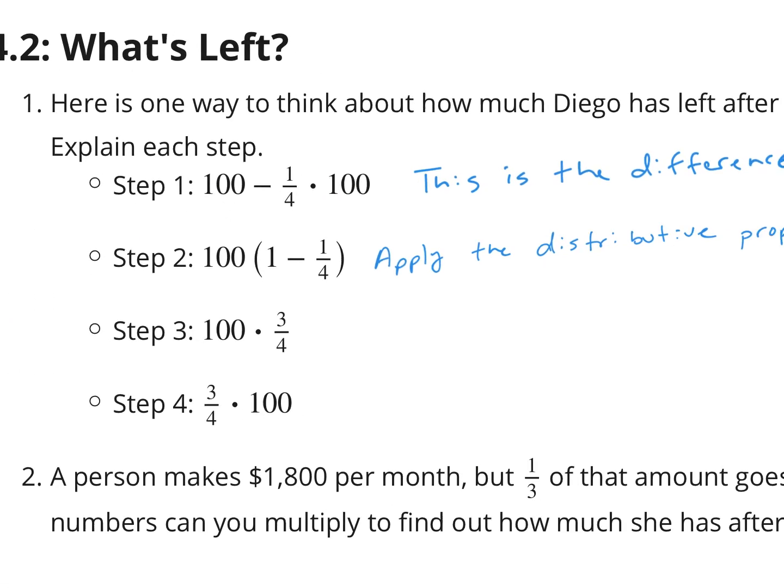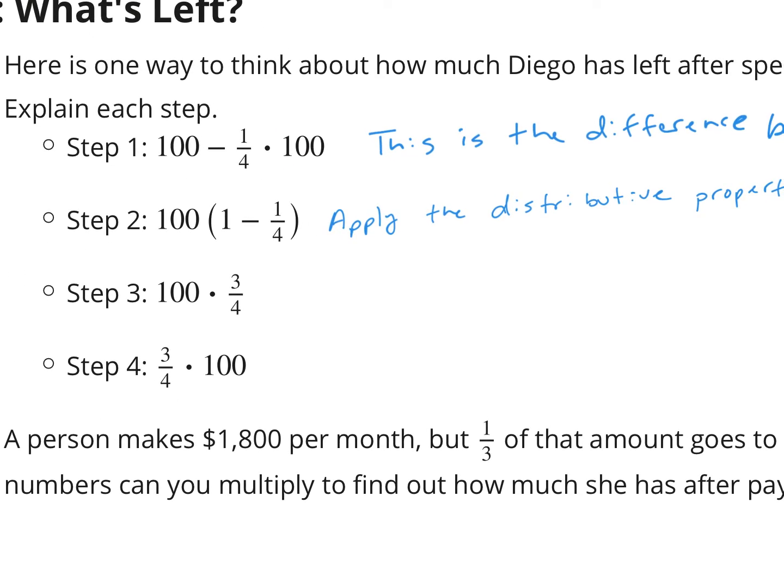Okay, step 3, we can see that they replaced the 1 minus 1/4 with 3/4, right? Because we know 1 minus 1/4 is 3/4.